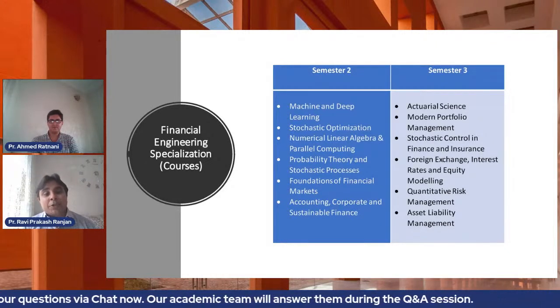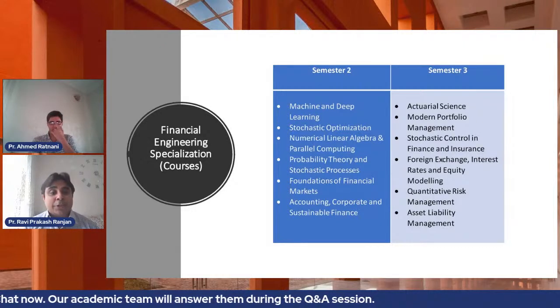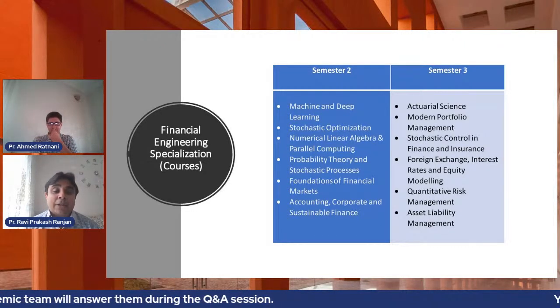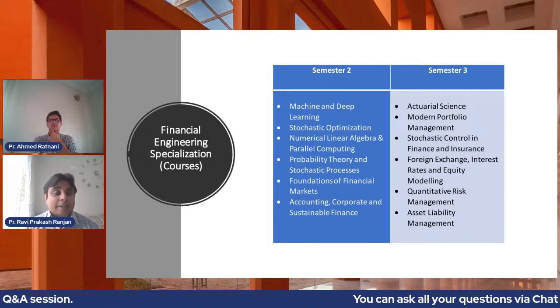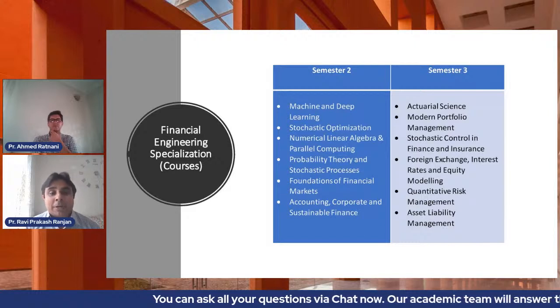The next course we introduce is accounting, corporate, and sustainable finance. Now, accounting is very essential for understanding the entire cash flows in any company. We talk about managerial accounting.